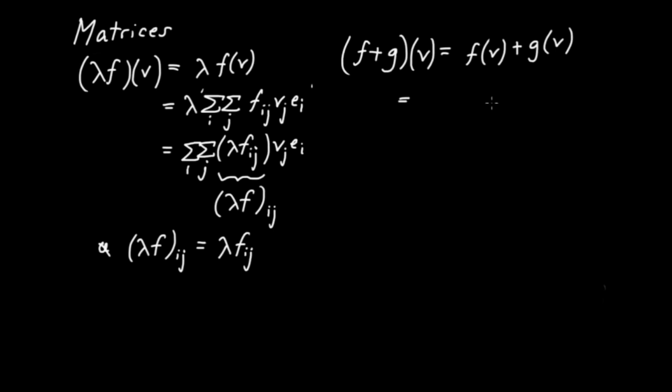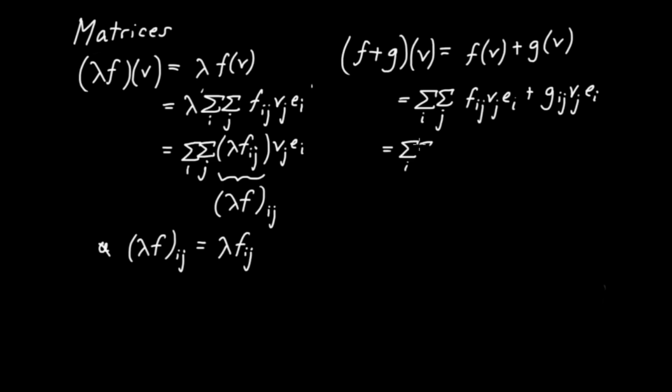For this term, g of v just replaces f by g. So what we have here is going to be the double sum over i, also over j, of f ij v sub j e sub i plus g ij v sub j e sub i.